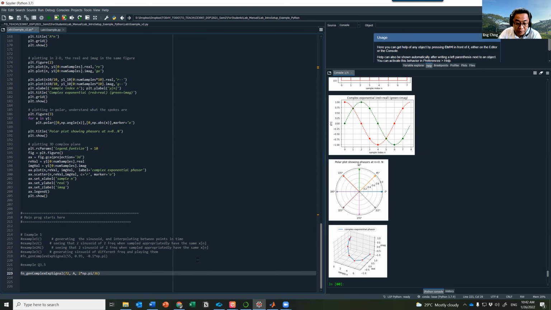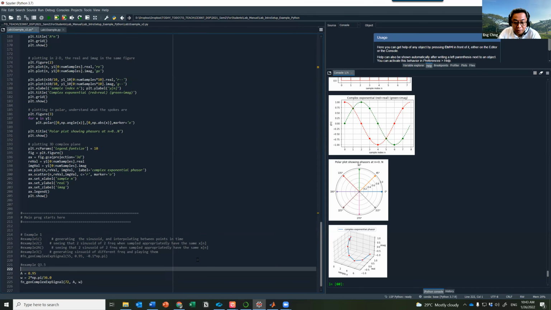So if I really want to be very strict, I should be doing this. A equals 0.95, omega equals 2 times numpy dot pi divided by 36.0, and then I send omega. Okay, so in fact, that's how you should write your code, so that you do not need to remember the parameters. Okay, all right.